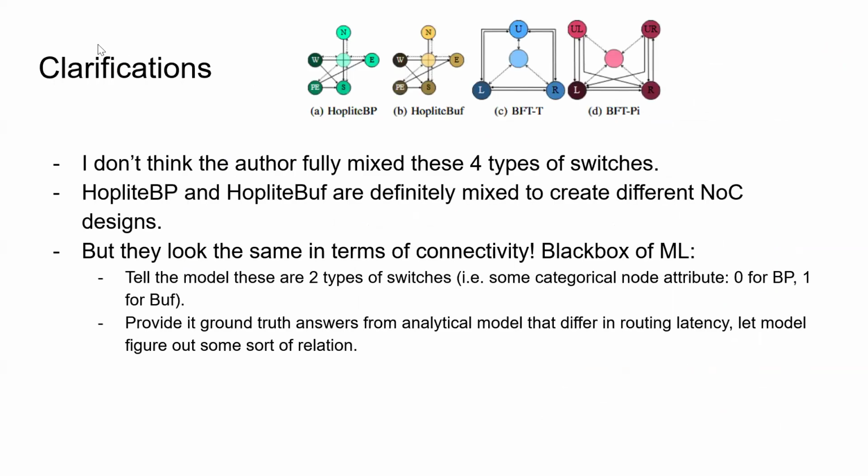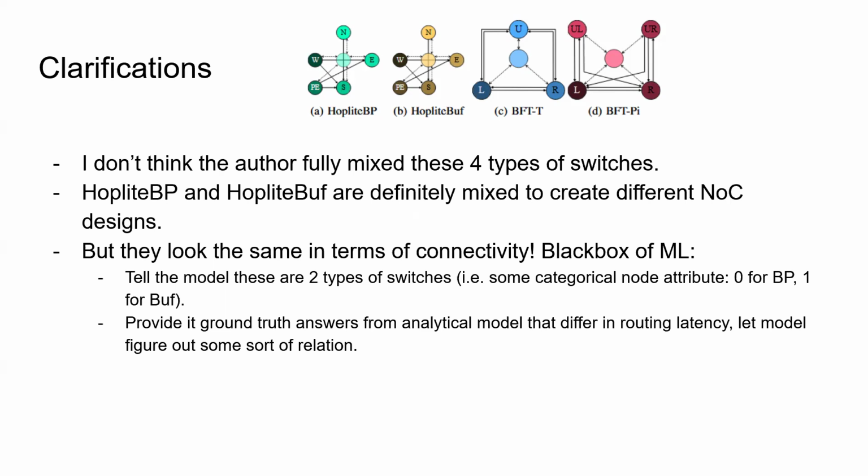So for clarification, this wasn't really mentioned in the paper, but this is my understanding. They're not fully mixing all four types of these switches, because BFT and Hoplite are two NoC architectures. So they train a model to handle Hoplite, varying Hoplite BP mixing with Hoplite Buff switches. That's one architecture.